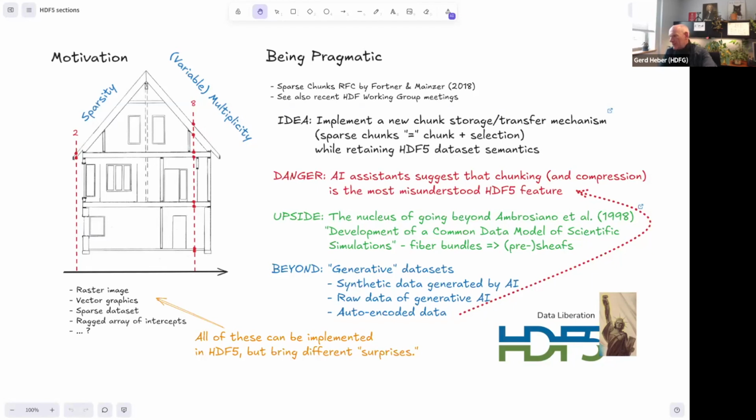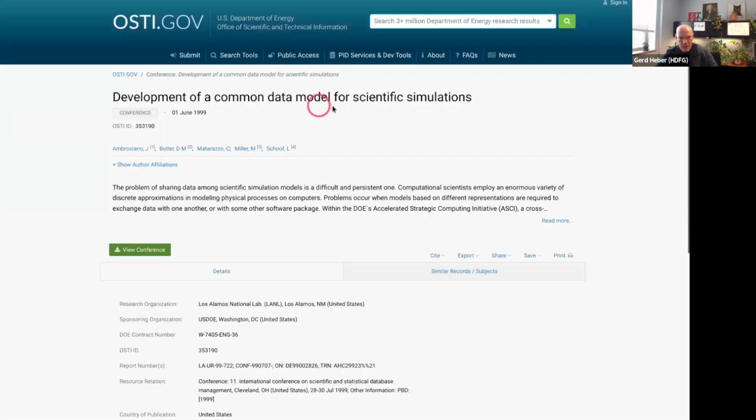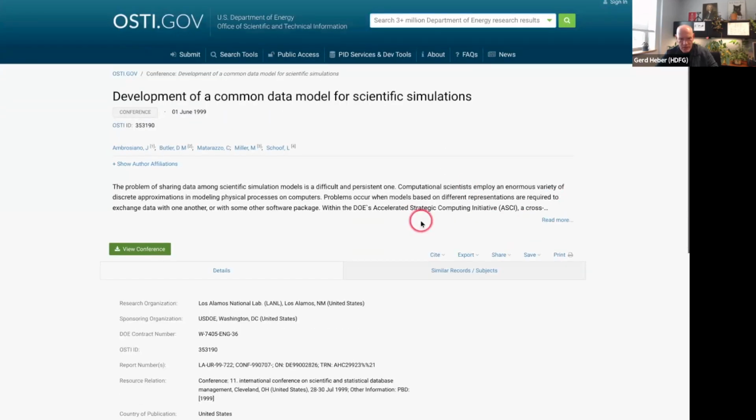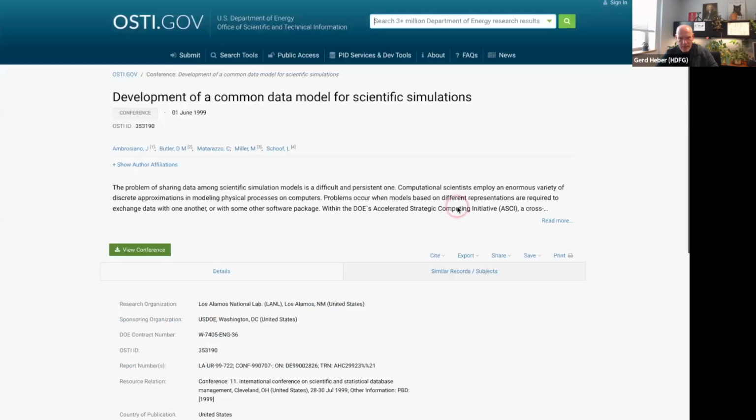Okay, if there are no other questions, thanks for coming. And I really recommend reading these, especially this is such a seminal paper. If you're interested in the early history of HDF5, this was kind of the blueprint.